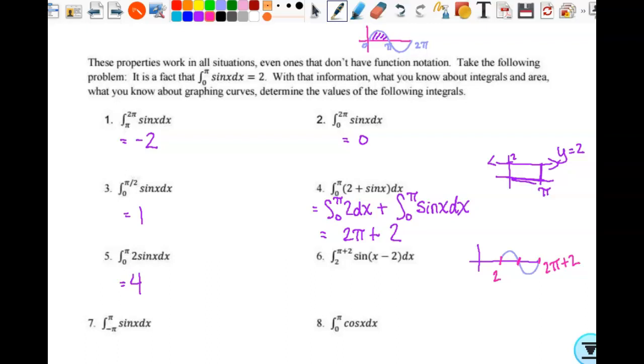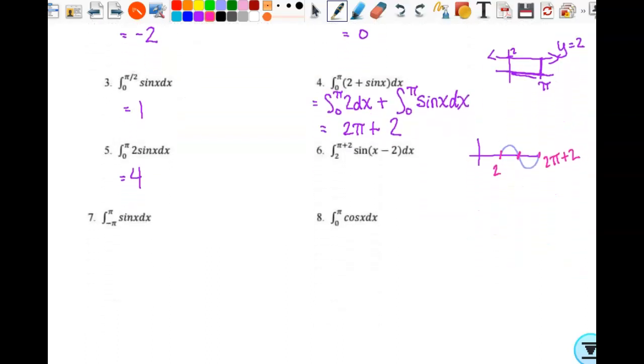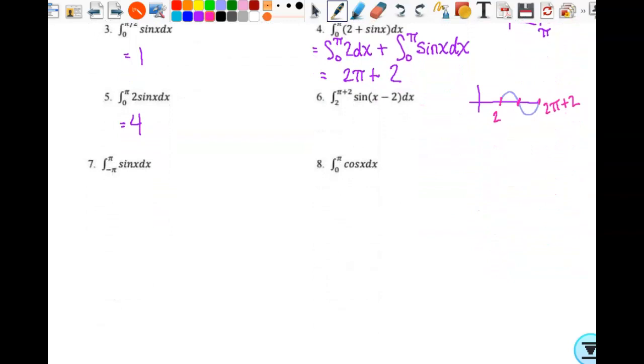So think about this too. You can rewrite this, and sometimes it's helpful to think through it this way, sometimes it's helpful to rewrite it. If I'm going to translate to the right 2, and I'm starting at 2 and ending at pi plus 2, then instead of moving to the right 2, let's move back. So if I take 2 and subtract 2, this is 0 to pi of sine x dx.